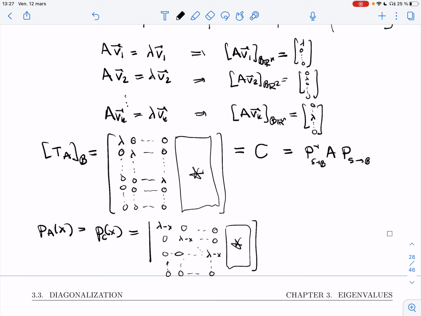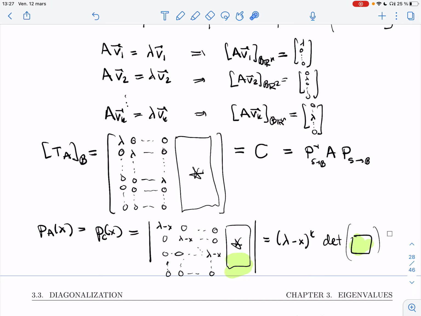So when I expand it on the first column, on the second column, on the third column, on the fourth, I'm going to get (lambda minus x)^k times some determinant of whatever the bottom part is.